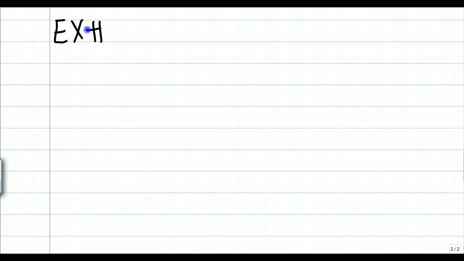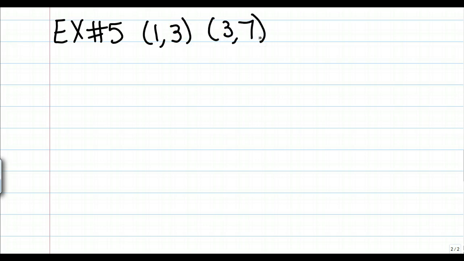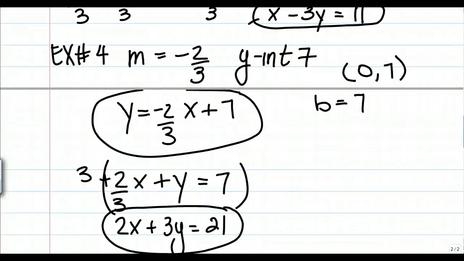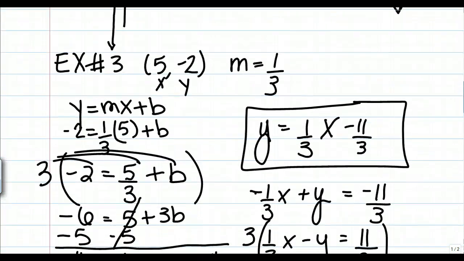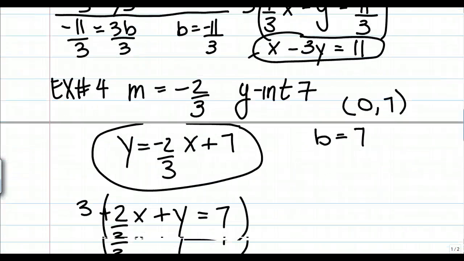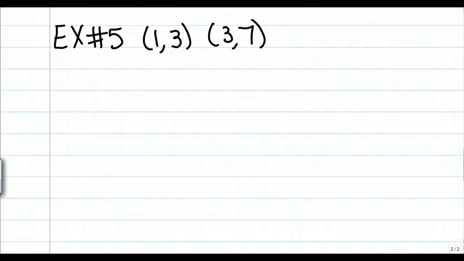Example number 5. Now I'm going to give you 2 points, and I'm going to ask you to write an equation. And you learned in section 3.3 that you can find the slope when you're given 2 points. So before, I gave you a point and usually a slope. And so if I give you 2 points, you can find the slope, and you can use either one of these points to help you solve the equation.